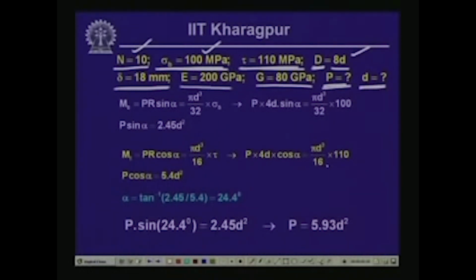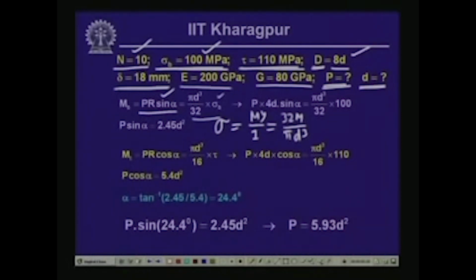Now, as we have seen, the bending moment M is equal to PR sin alpha, and if we write the stress, sigma is equal to M y by I, and that is what has been indicated over here. Y is d by 2, I is pi d 4 by 64. Therefore, this is equal to 32 M by pi d cube, and thereby M is equal to pi d cube by 32 multiplied by sigma.